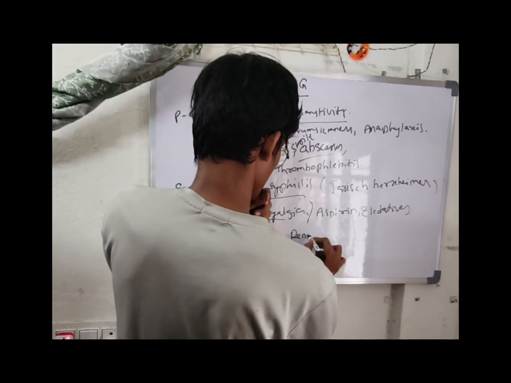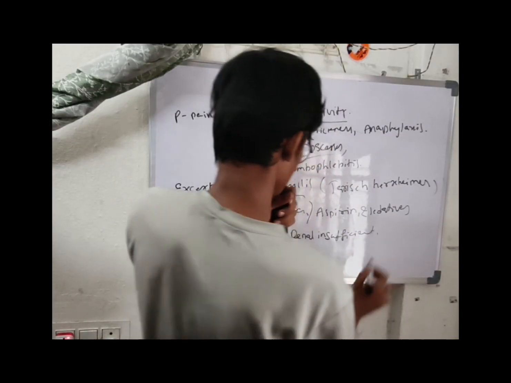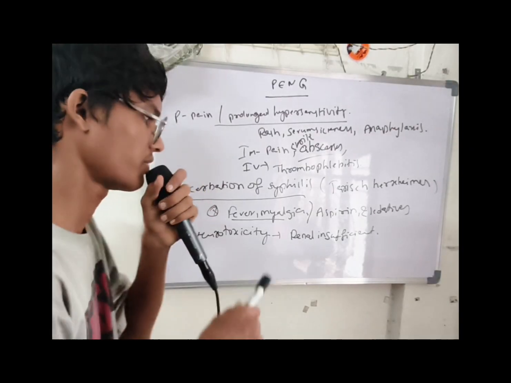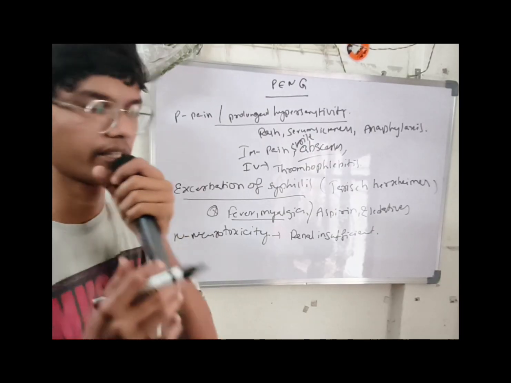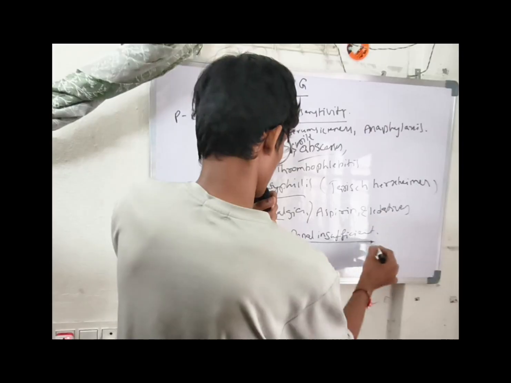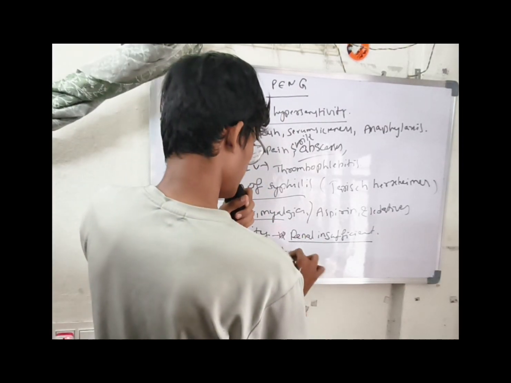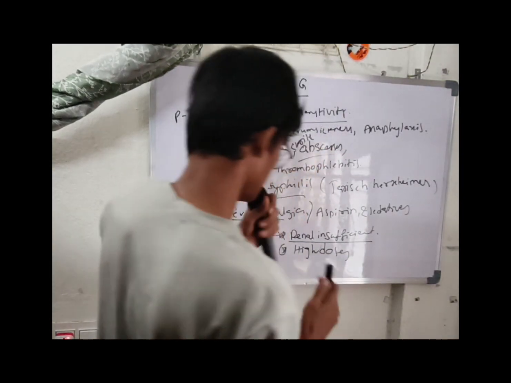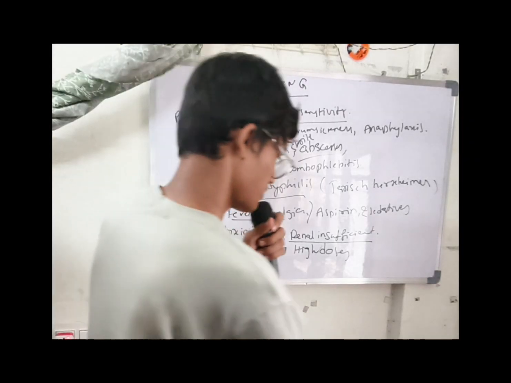If the patient is renal insufficient, because the excretion is by the kidneys, the penicillin G amount in the blood will increase and there might be convulsions, tremors and muscle twitches. In high doses also we can see convulsions and muscle twitches.